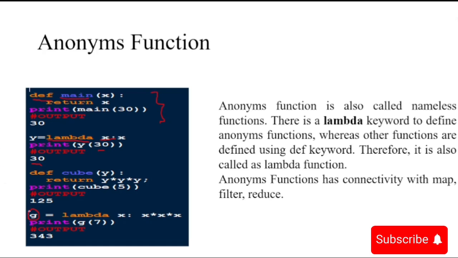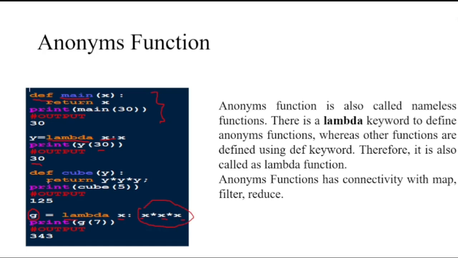So g will be our function name, which we are going to call. Then we have lambda, which is the Python keyword we use to create the lambda or anonymous function, and x as our argument. We want to get the cube of x, so we have x times x times x. This is the operation we want to perform.